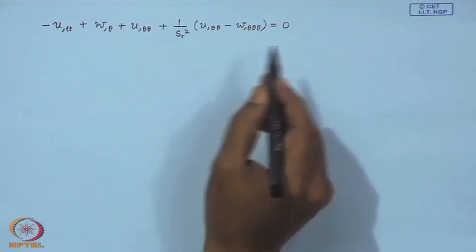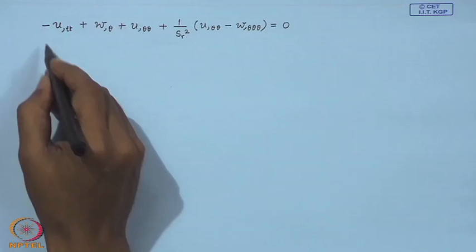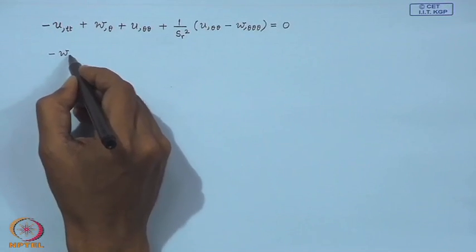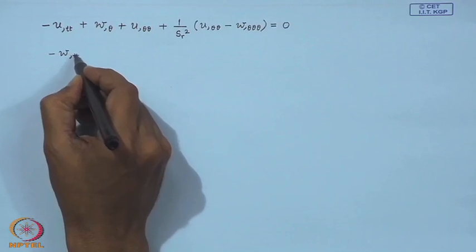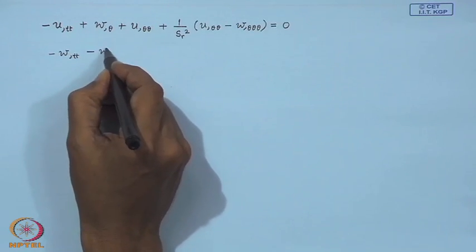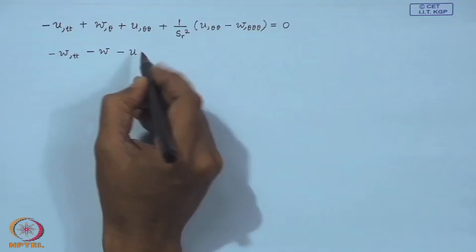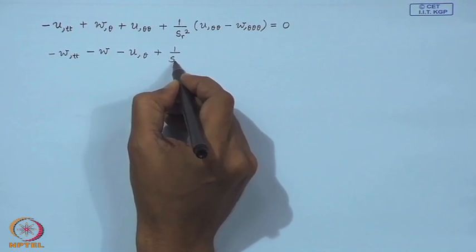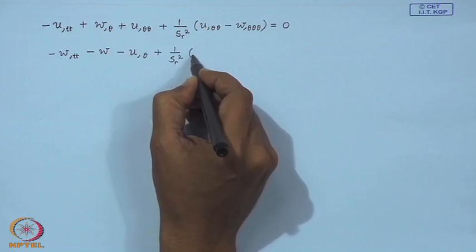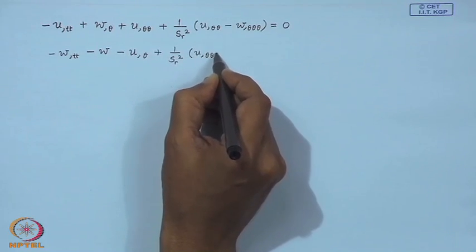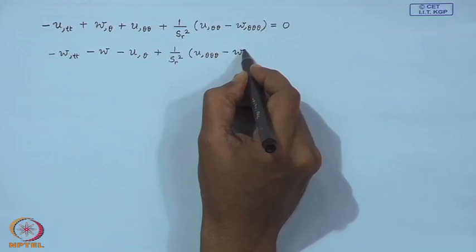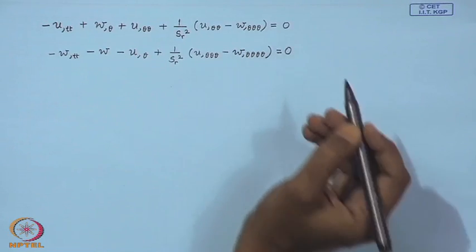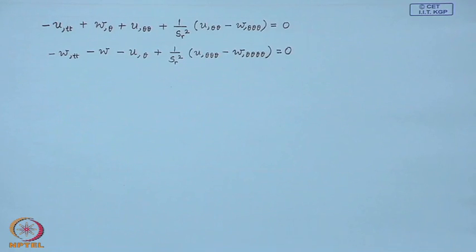So, this was the equation corresponding to u, the circumferential motion, and corresponding to the transverse motion, we have these two equations.